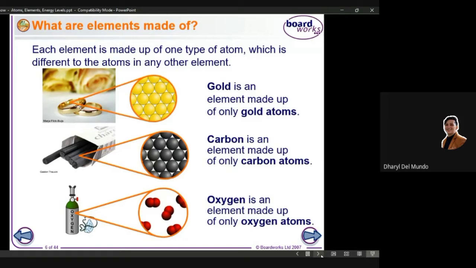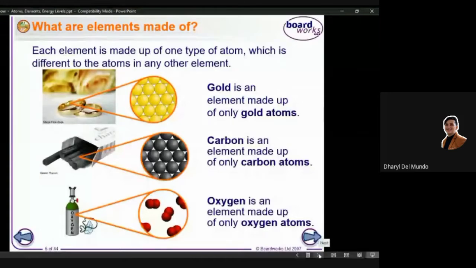Then we have oxygen. In the oxygen tank, inside of it are oxygen atoms. So they are all made up of atoms. There are a lot of things that can be found at home, like aluminum, right here, familiar with aluminum, right?